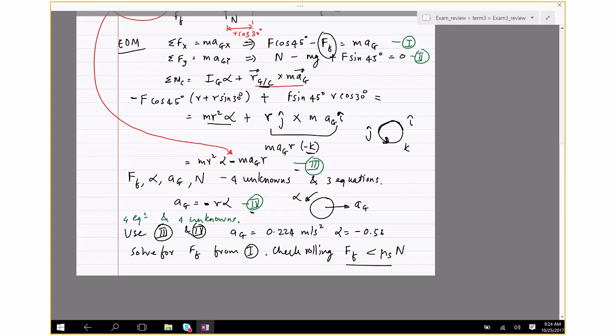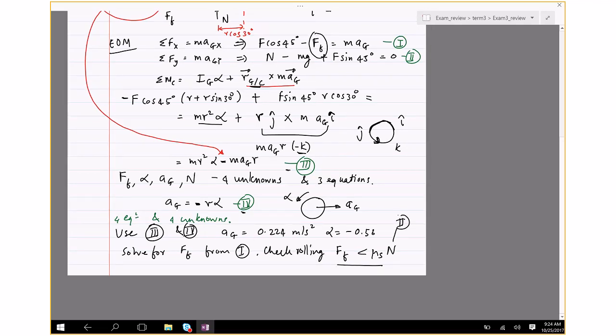You get it from equation 2. So you have to check that. If you're not told it is rolling, then you have to check this assumption, that is equation 5. If FF comes out to be greater than mu s times n, then it's slipping, and then you get another set of 4 equations.